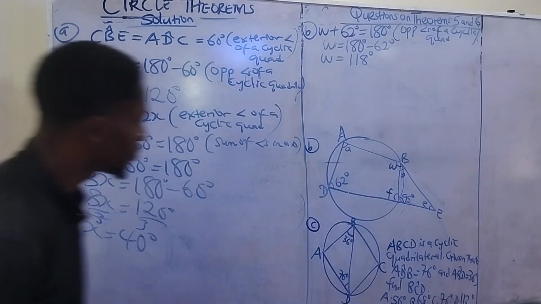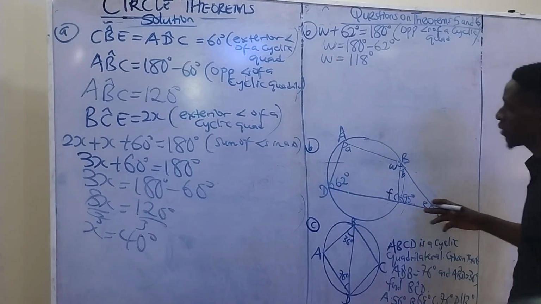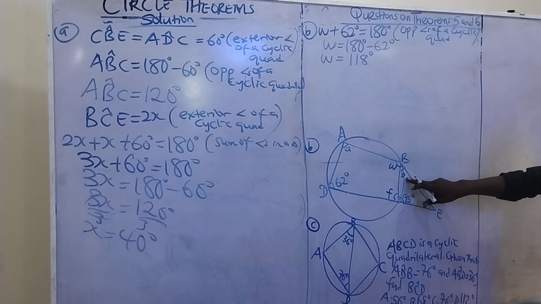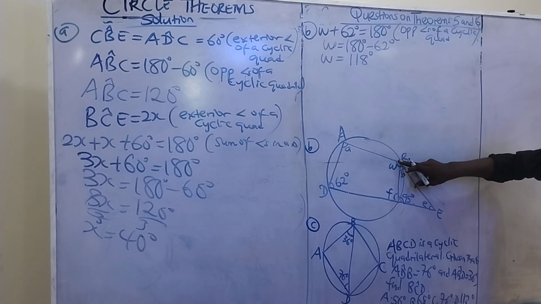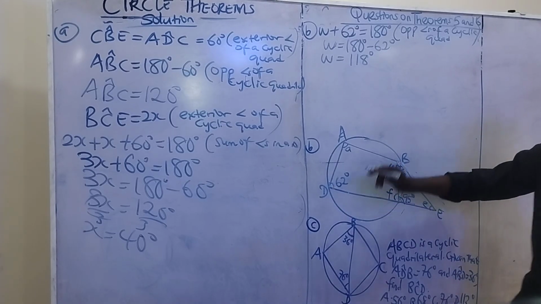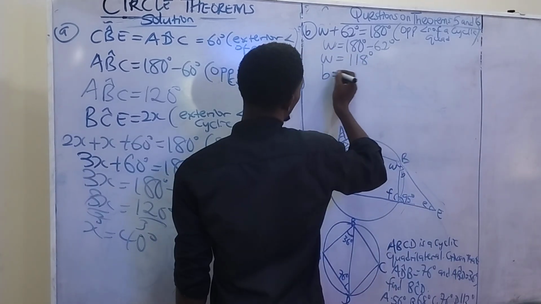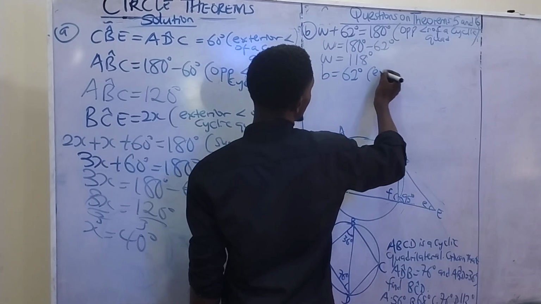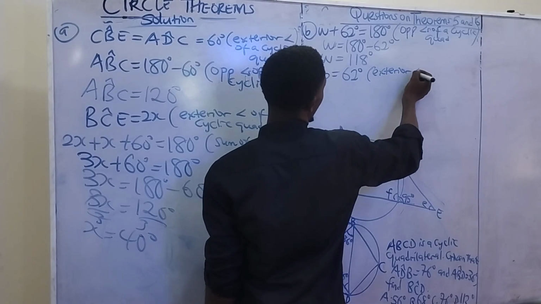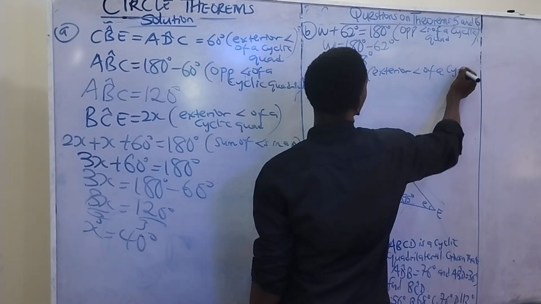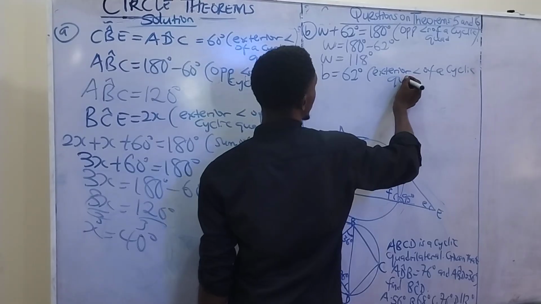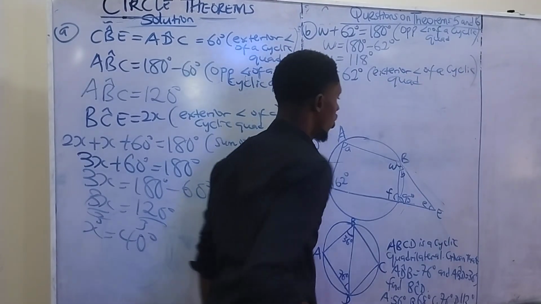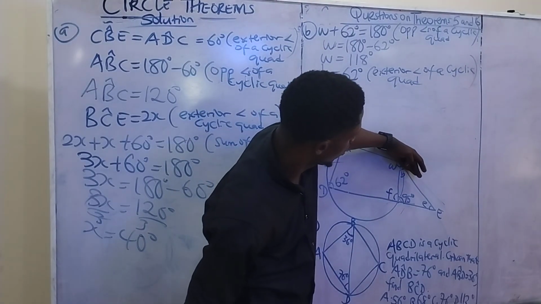Then going by what I told you about exterior angle, this B, remember this is exterior of this thing. This B here is equal to this 62. So B is equal to 62 degrees, exterior angle of a cyclic quadrilateral. Or you can do angle on a straight line.